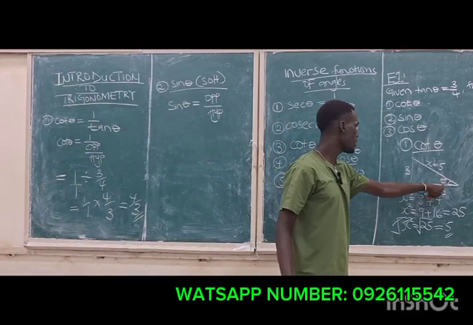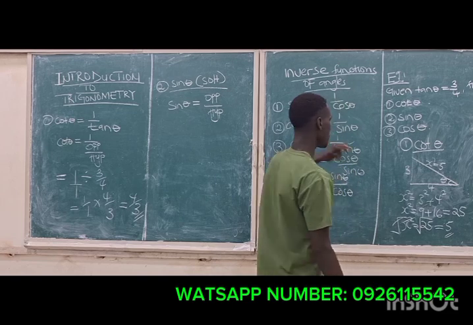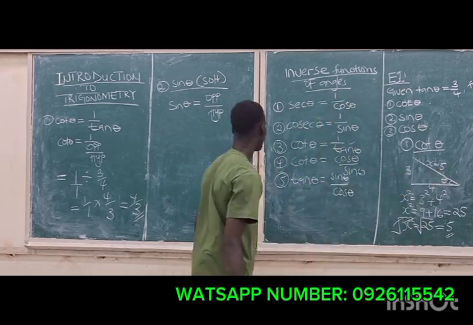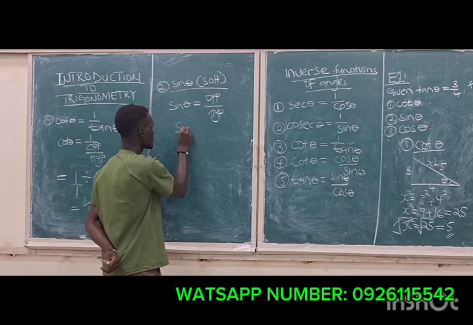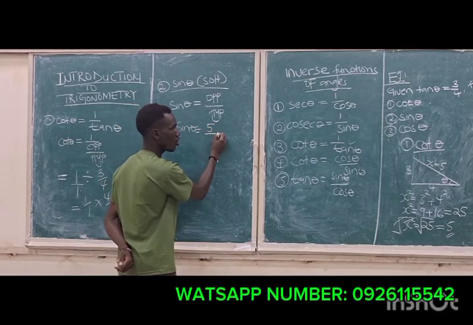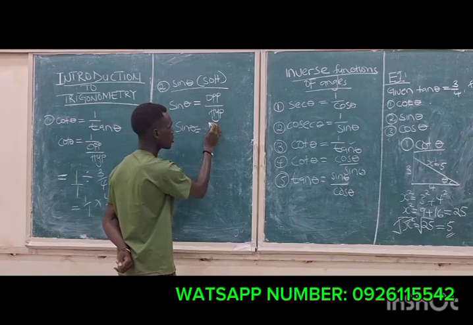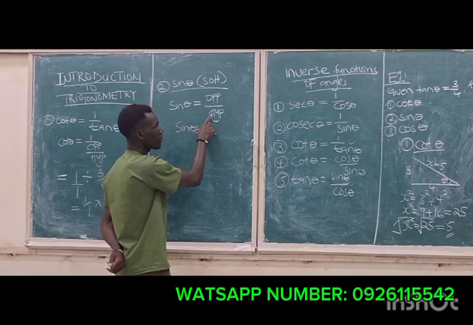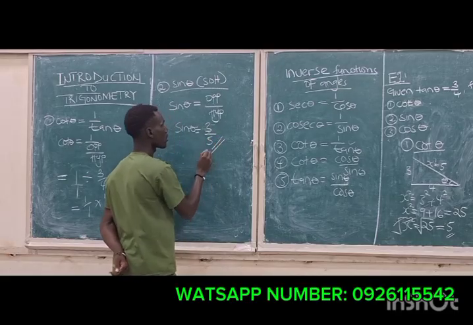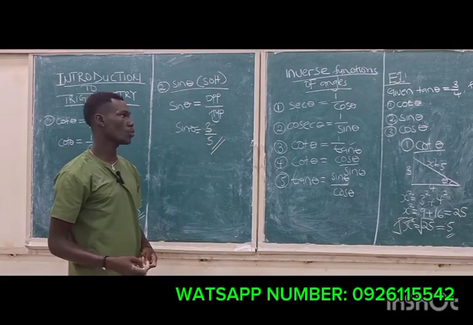Here is the theta. We say that sin theta is equals to the opposite, which is 3, all over the hypotenuse, which is 5. That is our number 2.